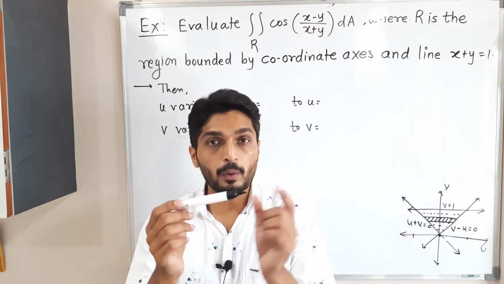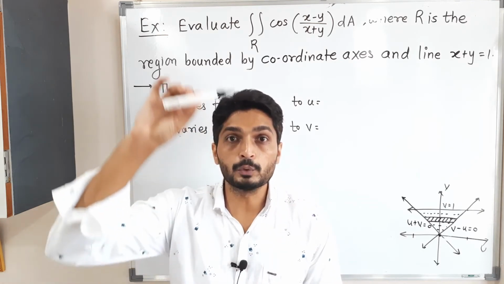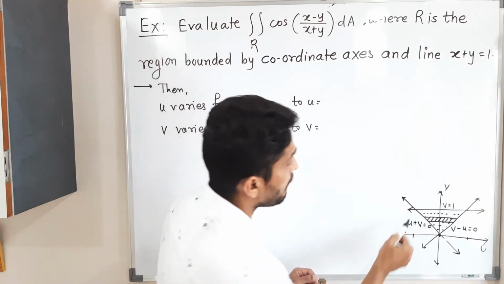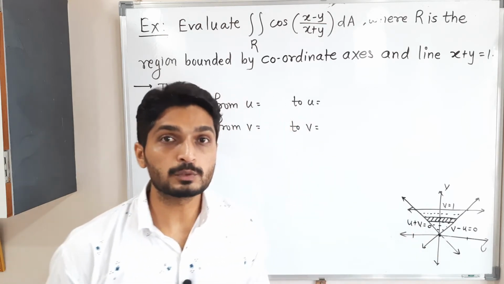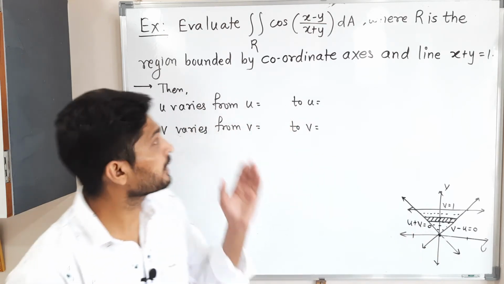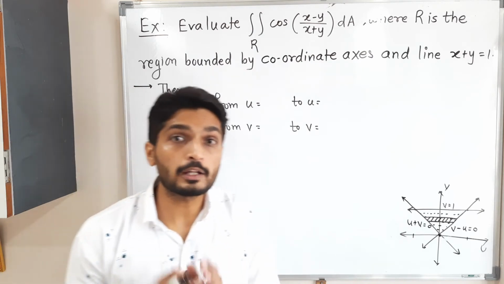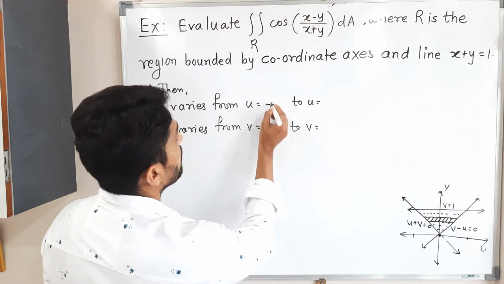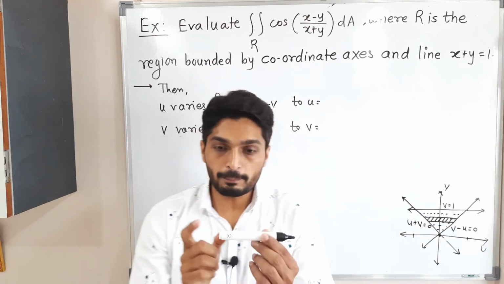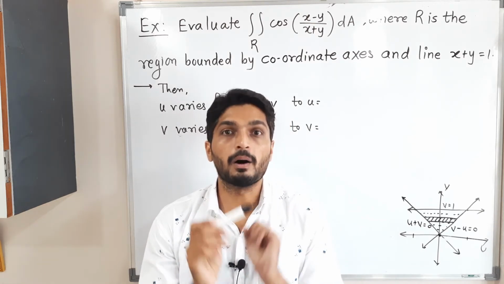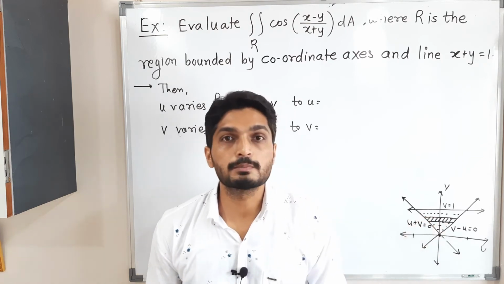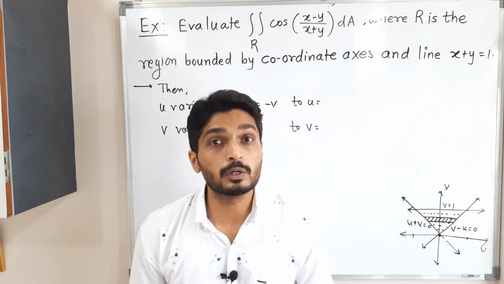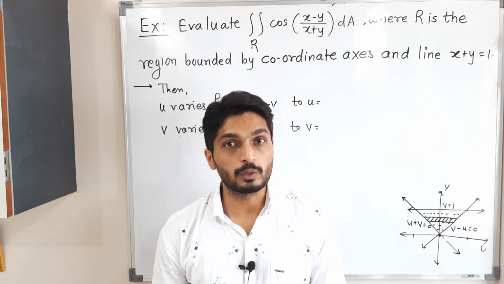Bounded below, bounded above, and then bottom to top. The strip is bounded below by the line u plus v is equal to 0, but I have already written u is equal to, so the value of u should be minus v, if I shift v to that side. Bounded below, after that bounded above. It is bounded above by v minus u is equal to 0, that means u is equal to v.